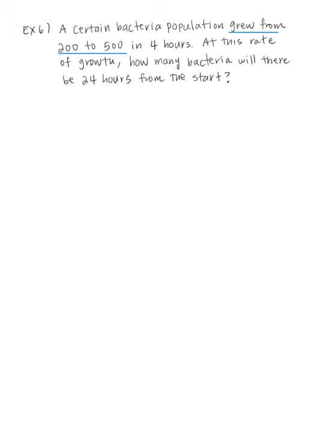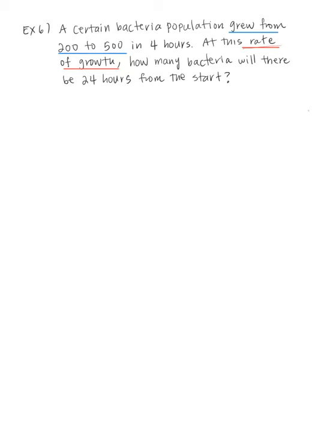Now let's just jot down what the question's asking. At this rate of growth, how many bacteria will there be in 24 hours from the start? At this rate, right? So it looks like we're looking for a rate of growth. I'm just going to underline that. Keep that in mind. And let's list out what stands for a sub 0, k, and t.